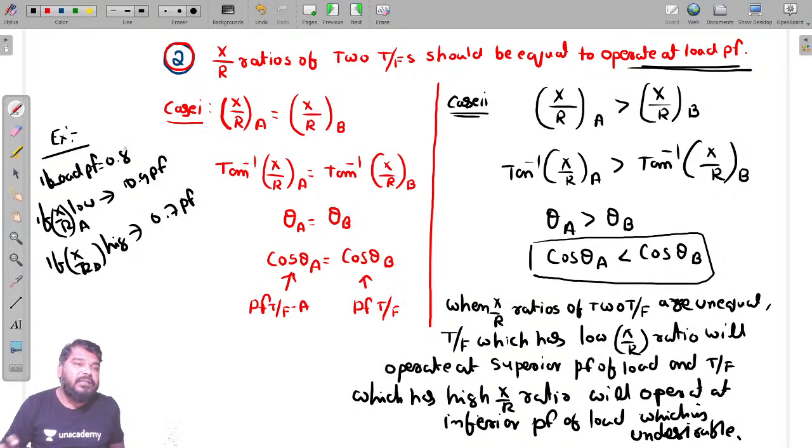Superior means greater than the load power factor, and inferior means less than the load power factor.